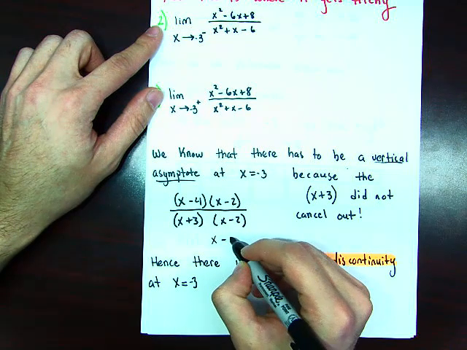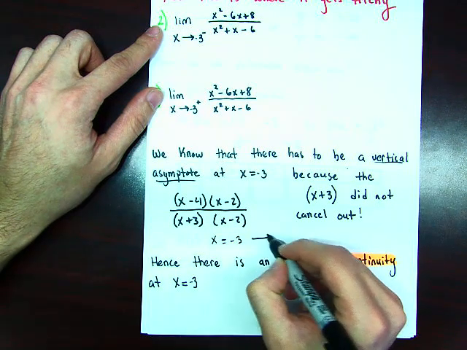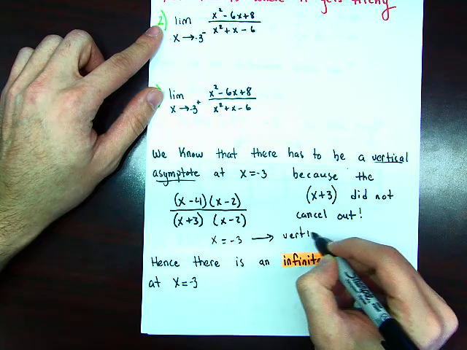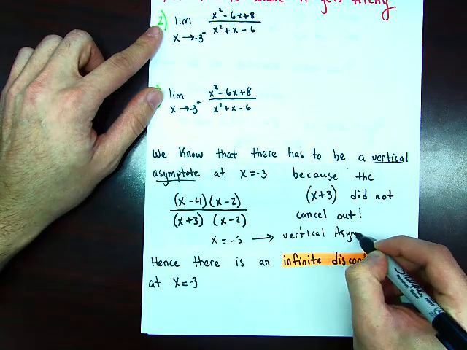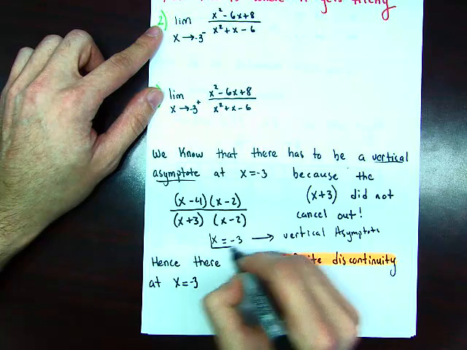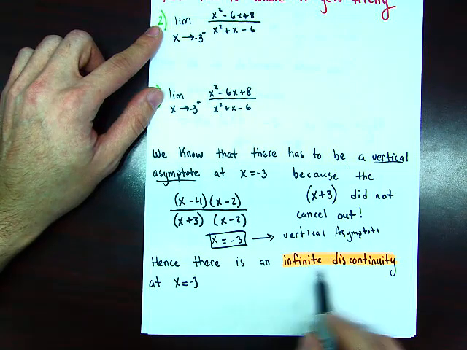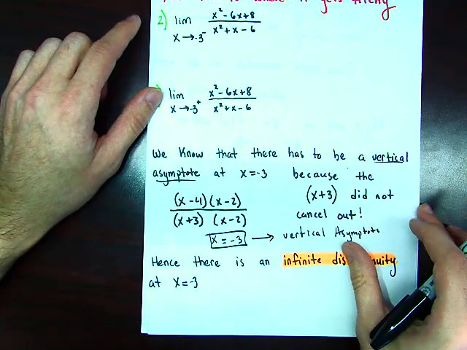So here at x equals -3, you have a vertical asymptote, right? You have a discontinuity there, and this is what we've been talking about in the last lesson. So there's an infinite discontinuity at x equals -3.